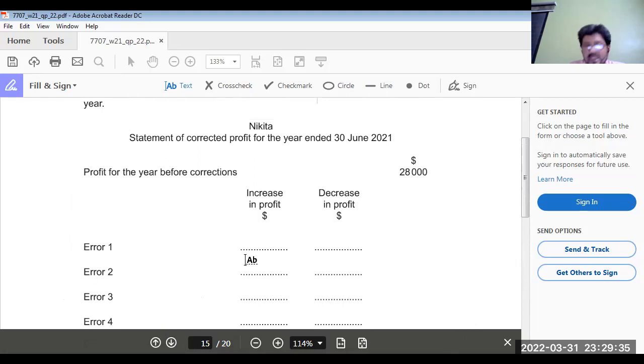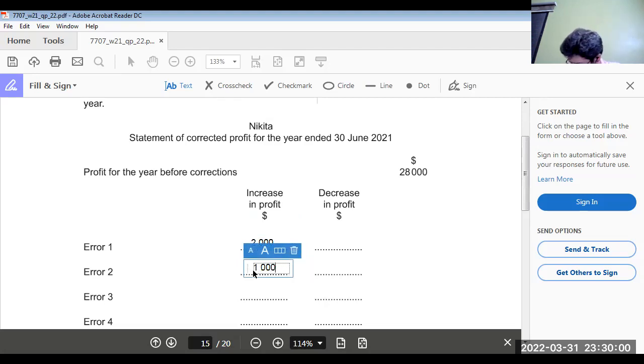Error number one will increase the profit by 2,000 because you are decreasing your expense. Error two is also increasing the profit because you are decreasing an expense of discount allowed and you are increasing an income of discount received, that is 1,000. So again, increase in profit of 1,000.